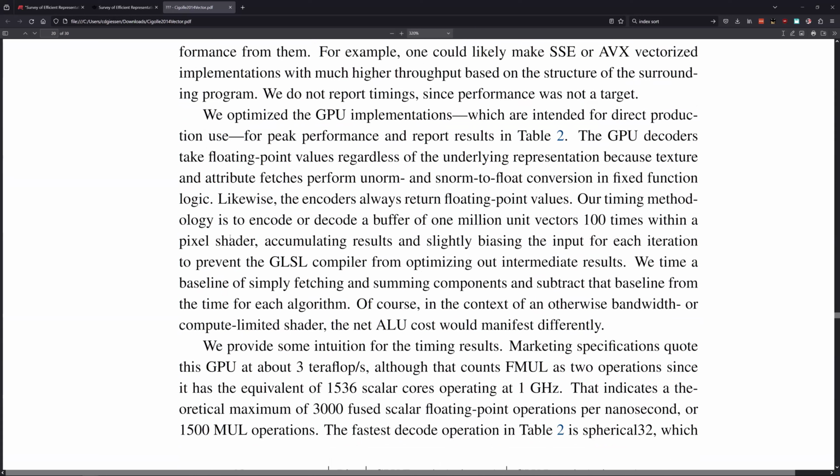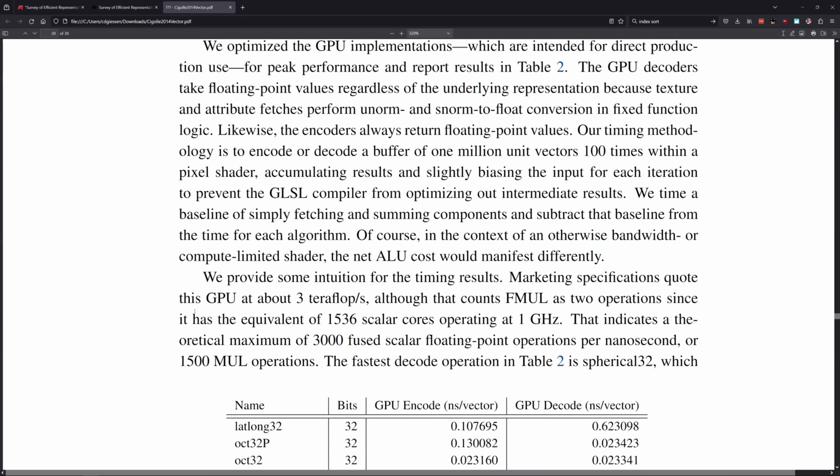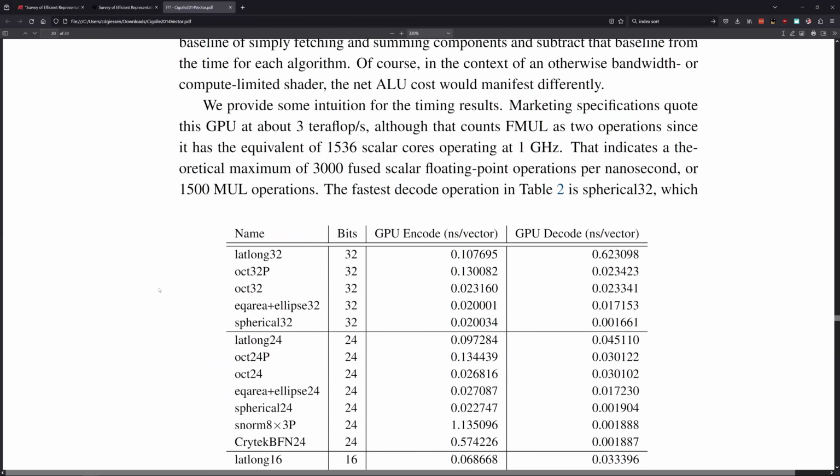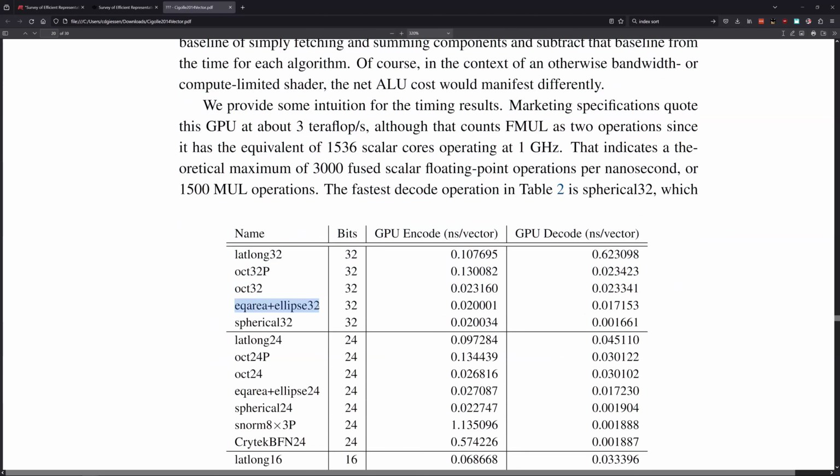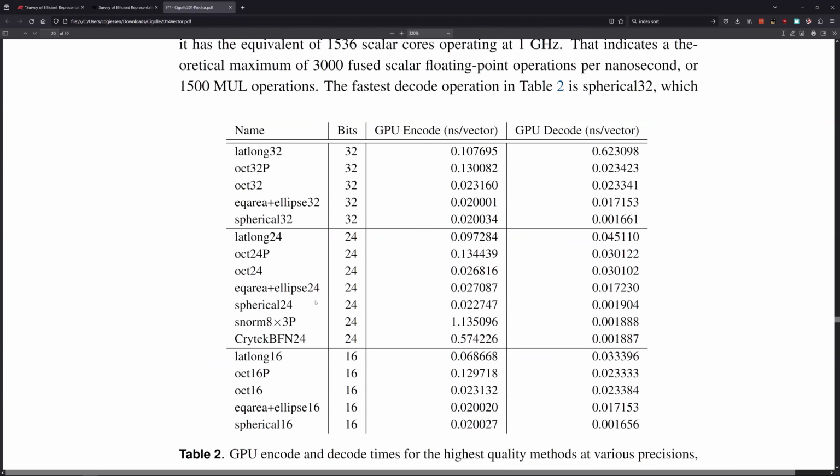You could probably nitpick it 10 ways to Sunday, but I'm going to assume it's a best effort, reasonable method, because it's all CPU as well. It's not comparing GPU, and it's just the cost of encoding and decoding, not factoring in bandwidth costs as well.